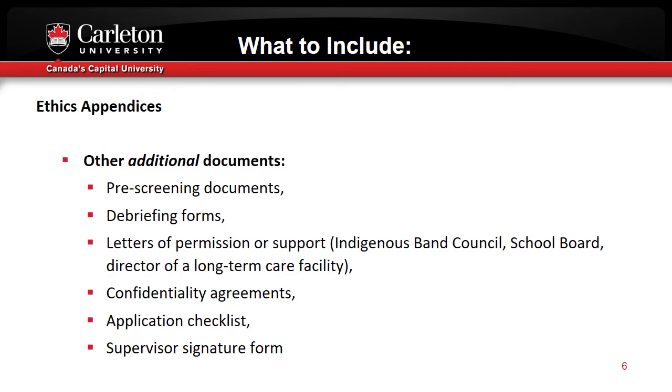There are also a few other documents you may choose to submit alongside your ethics application, depending on the context of your research study. For example, if you're pre-screening participants in any way, because you have specific eligibility criteria for your research project, please provide any pre-screening tools that you will use alongside your application so that the REB can review them.